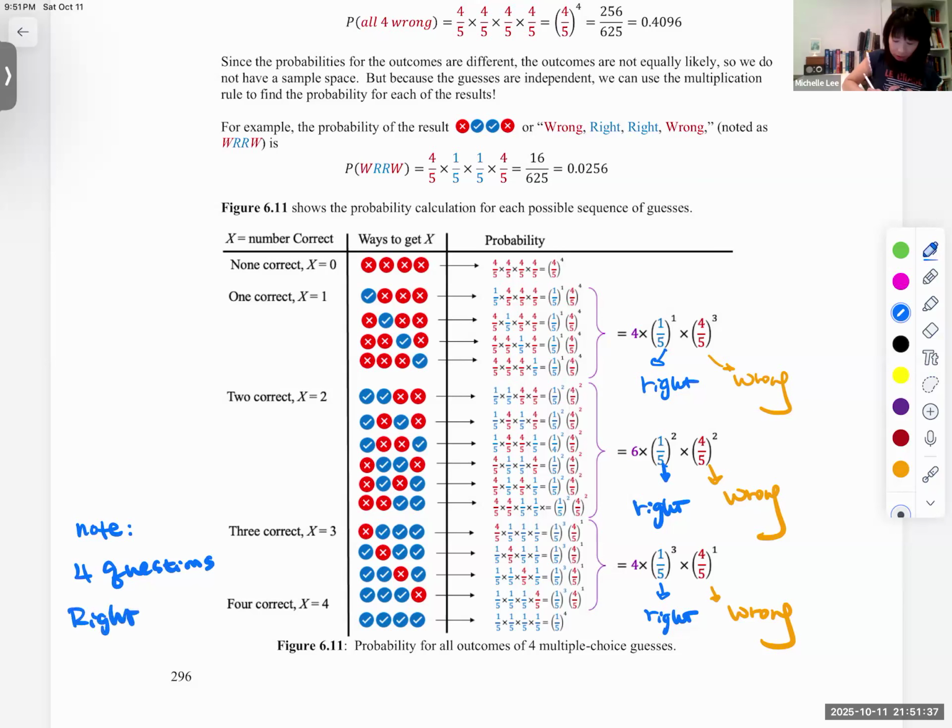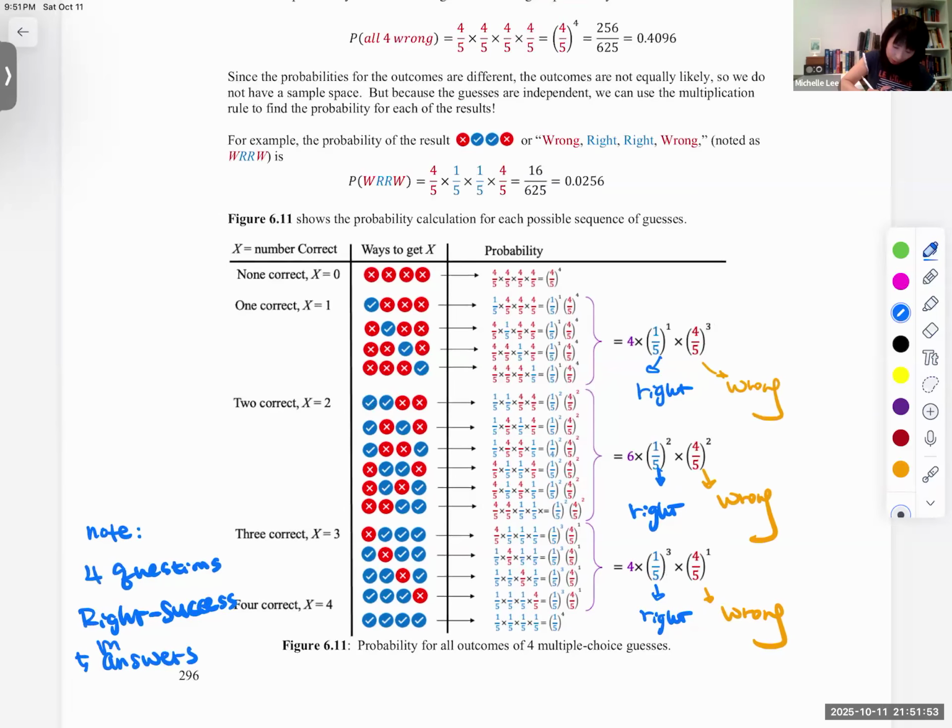Right is success, and then 5 answers. 5 answers, 5 multiple choice answers. Multiple choices answers. Yeah. Okay. Let me make a table.